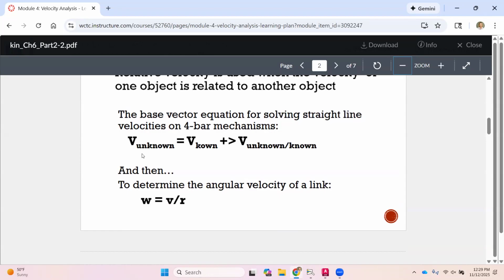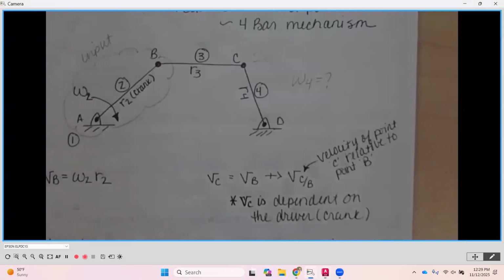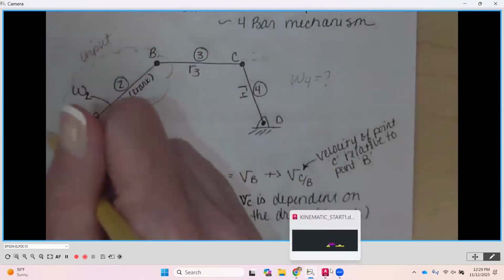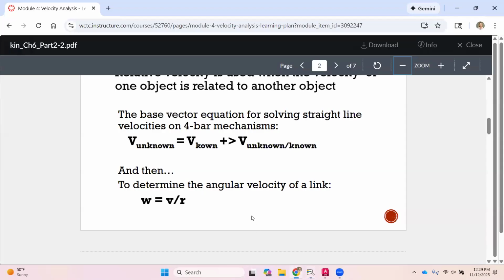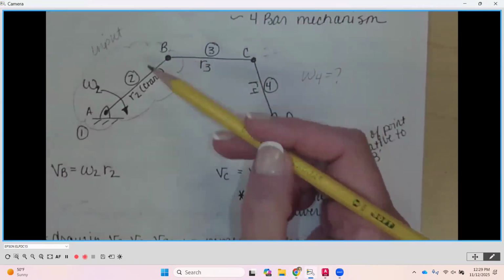Okay. So it's the velocity of an unknown variable. Okay, this is going to be the one we want to solve for. So for instance, in our case, it might be the velocity at C. Okay, that's going to be our unknown variable, assuming we know everything about over here. We're just kind of using this as a scenario or the process we're going to go through. Is going to be equal to the velocity of the known quantity. Okay, so the known quantity is going to be on our input most often, or it's going to give us the most information. So we would know, and we could calculate the velocity most often at B here.